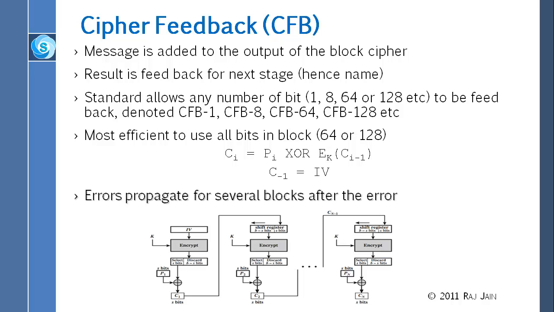Now this is very similar to CBC, except that this part, before this exclusive-OR, does not depend upon the plain text at all. So you could calculate it beforehand, and when the plain text comes in, all you have to do is exclusive-OR and send it. No, actually this does not give that property.